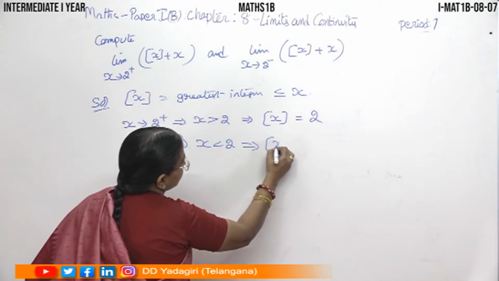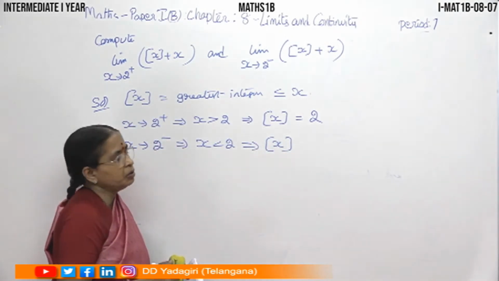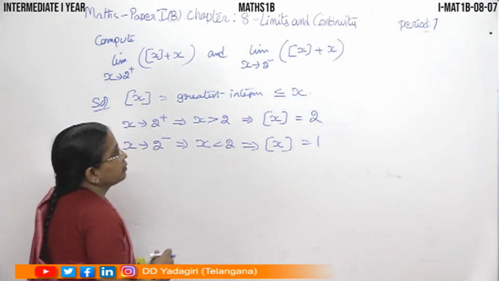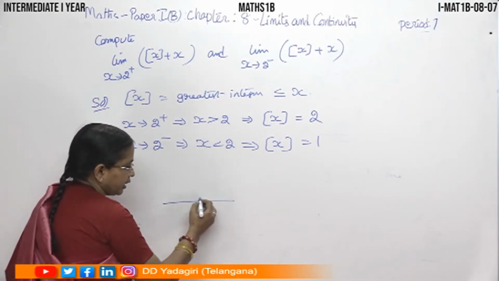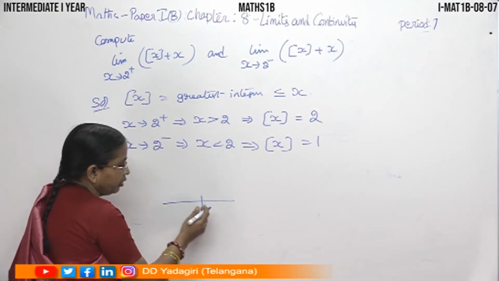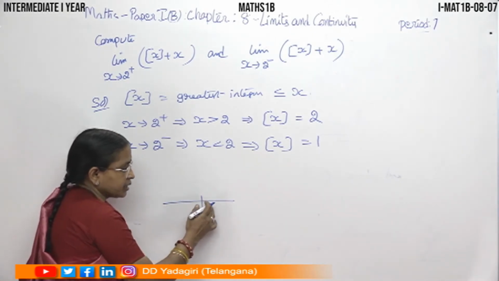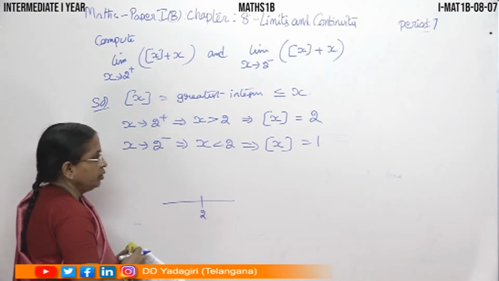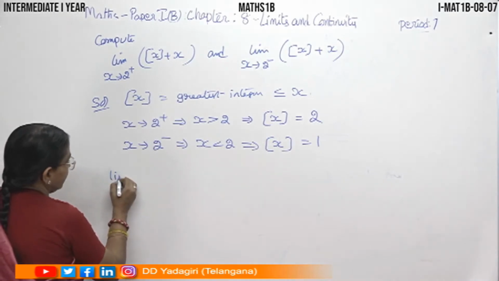When x is less than 2, the greatest integer less than 2 is 1. So step x value will be different on either side of 2 on the real number line. When it is less than 2, step x value is 1. When it is greater than 2 and nearer to 2, its value is 2. These two things we should observe and just write the limits.